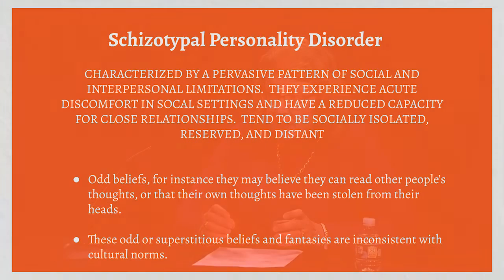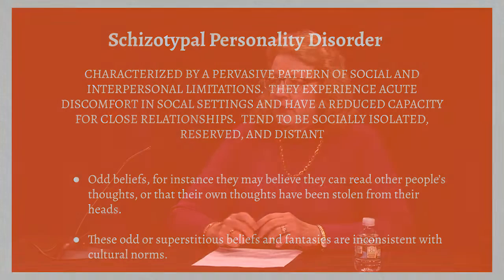They're odd. They sometimes have an odd way of speaking, an odd pattern of speaking, and dress perhaps oddly. They're definitely sort of out of step with society, and they're noticeably out of step. So they would be the odd-looking person that you might see in your neighborhood or in your apartment building or walking down the street, and you just notice something's off with that person. That would fit more of the schizotypal.